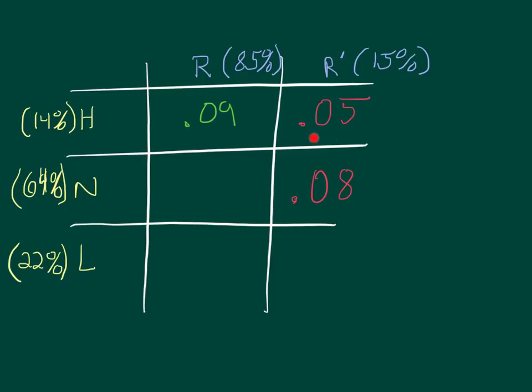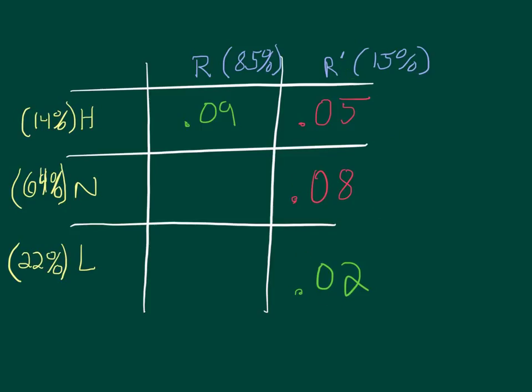Similarly, 0.05 plus 0.08 should add up to 0.15. So it gets us close, plus that third entry here. So 0.08 and 0.05 gives us 0.13. So we're missing a 0.02 probability for this given column.